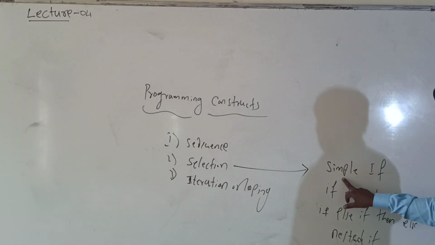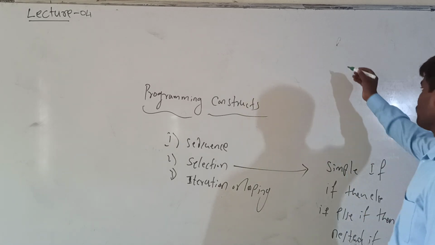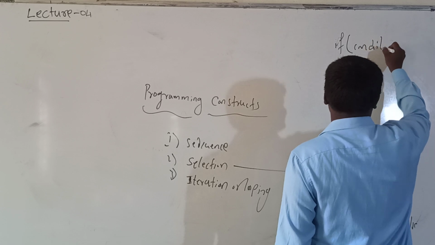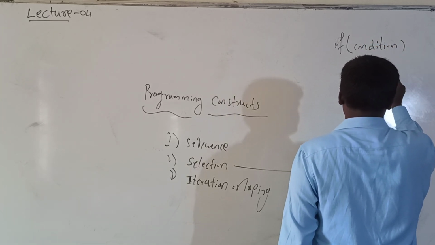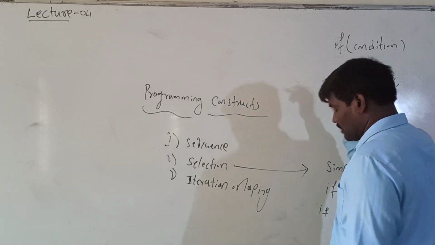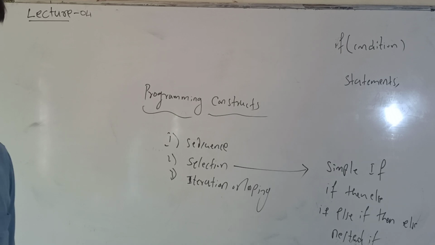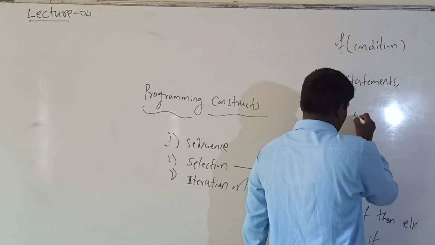The first one is the simple if construct or simple if statement. The syntax is: if condition, statements. First it will check the condition. If the condition is true, then it will execute the statements. Otherwise, it goes to the next statement.